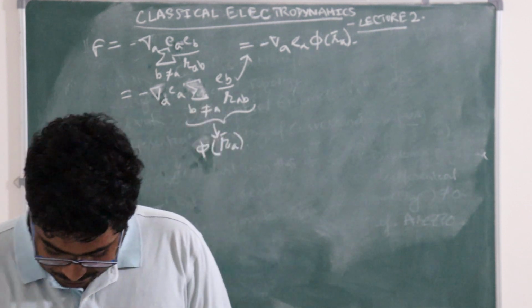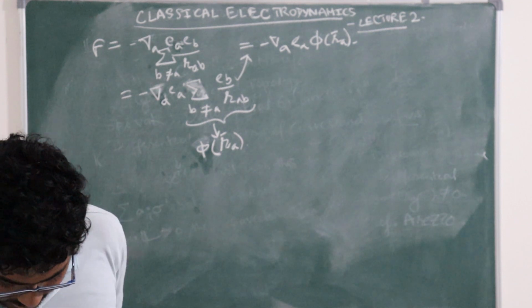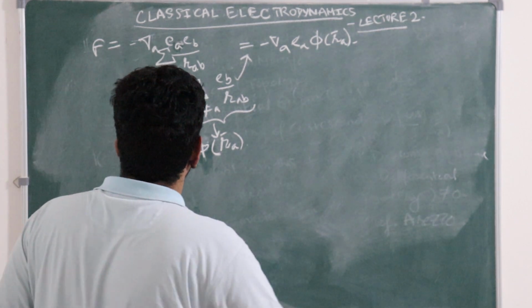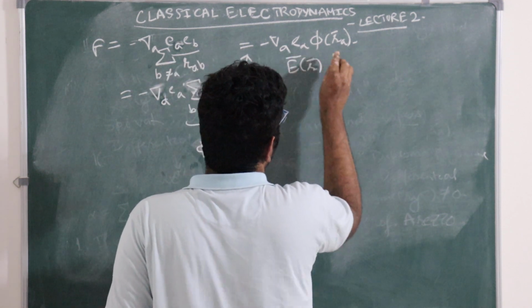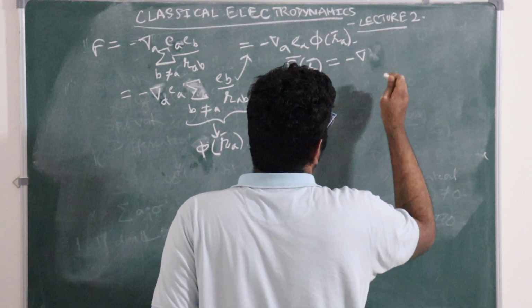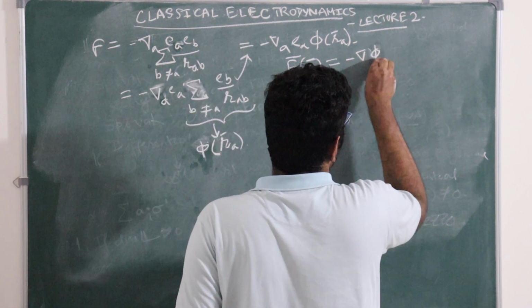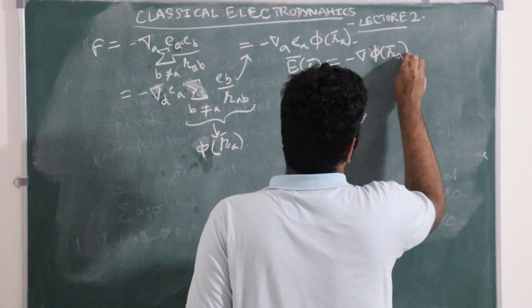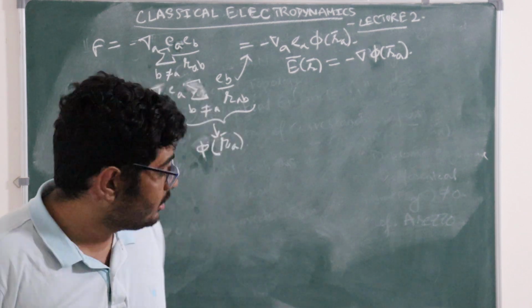And so now I will define the electric field, which is the negative gradient of this potential phi of RA.